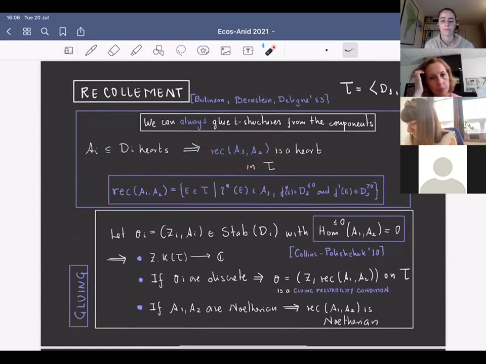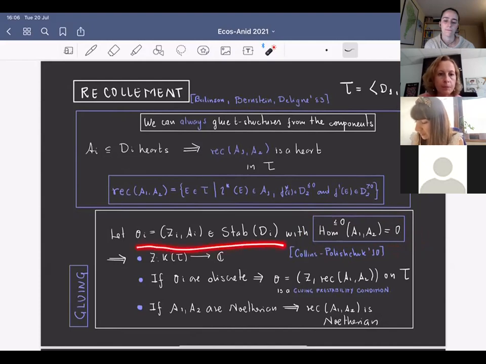We're not going to use the precise definition. Moreover, if we have an orthogonality condition, we can actually obtain stability conditions. If we have discrete stability conditions in the D_i, meaning that the image of the set in C is a discrete set, we're going to be able to glue them to obtain a stability condition on T.